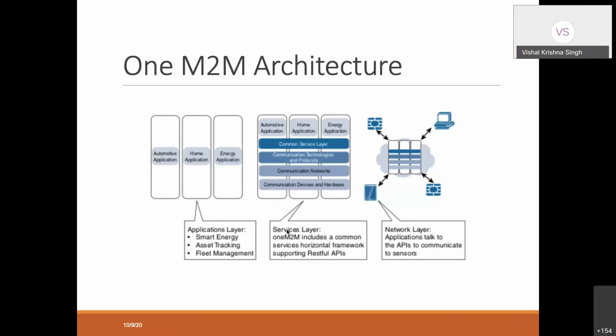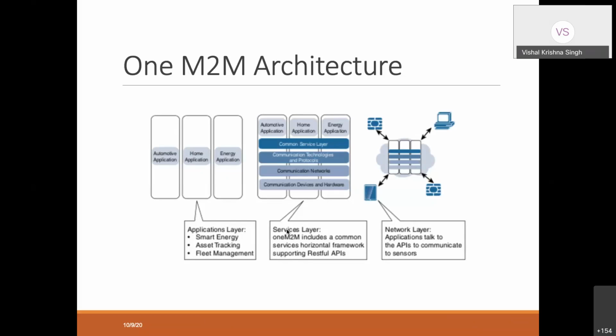This oneM2M machine-to-machine architecture was proposed in a joint collaboration of Cisco and some of the other big names in this area. So this was proposed to standardize the communication between machine and machine.